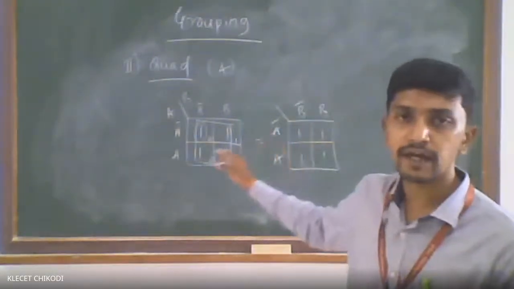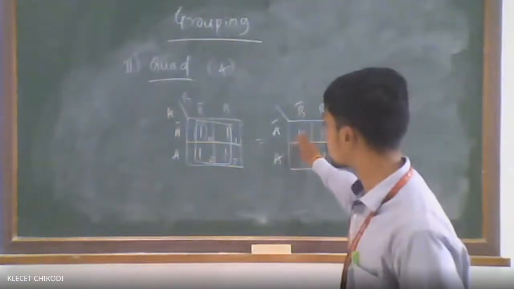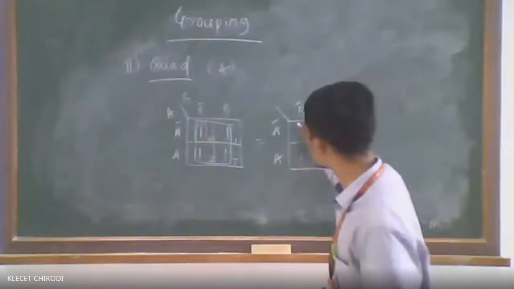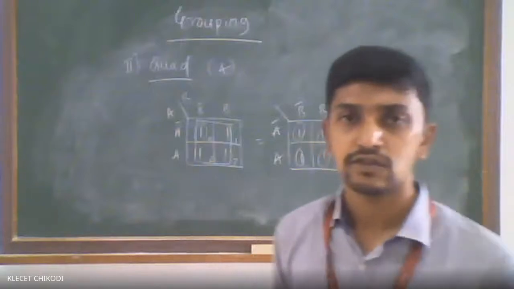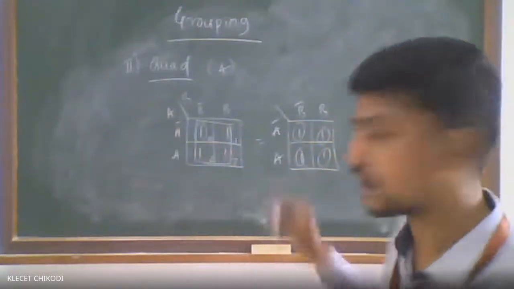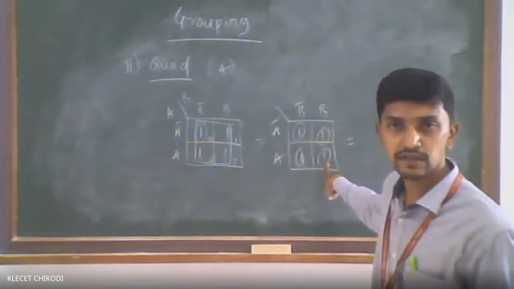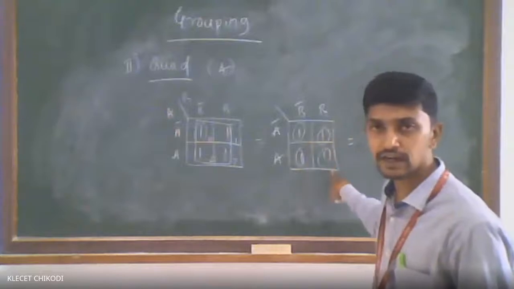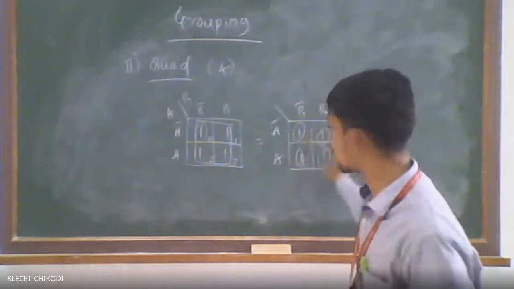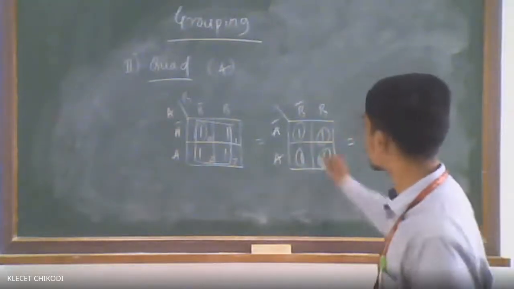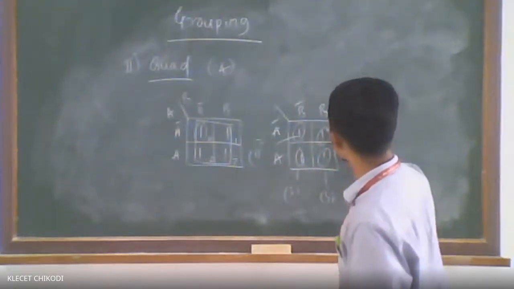So instead of quad, for your better understanding, I am making a group of individual literals. How I have got the 1, I am telling here. You can see that, since there are 4 individual literals, you have to write the 4 terms for each individual literal. Fine. So this is the first term, second, third, and fourth.